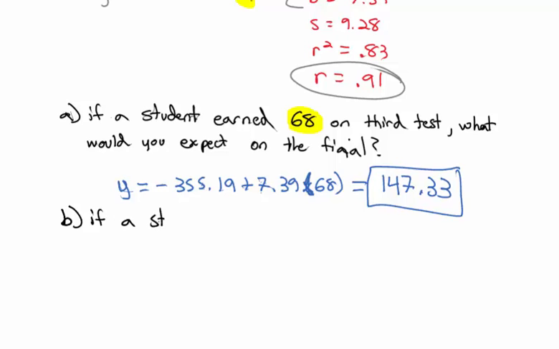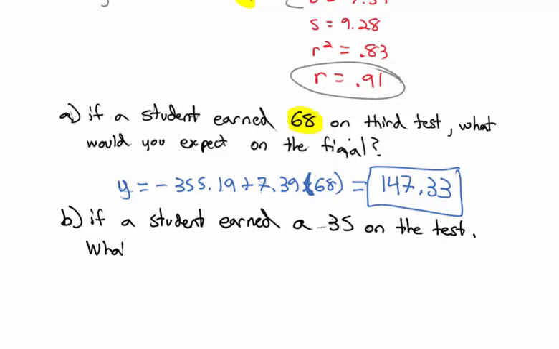What if a student earned a 35 on the test? What would you expect on the final? Well, again, we're going to put that 35 in for the x in the equation.